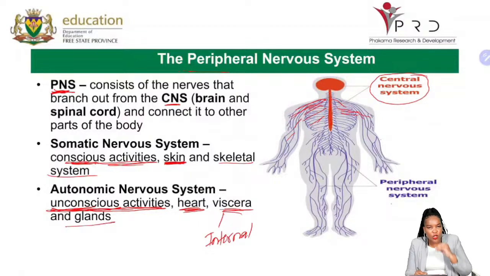However, they still need to respond. So even when they respond, they are responding, but not under your will. That is why we say it's autonomic. This word auto comes from automatic. It happens not under your will, unconsciously so. You do not control it. I hope it is clear.